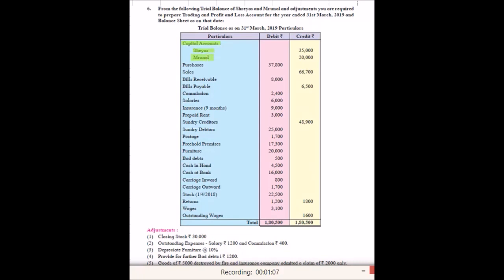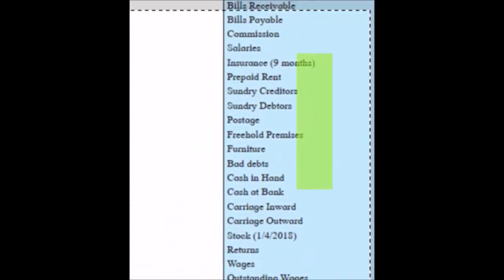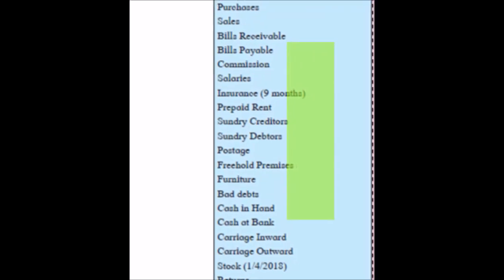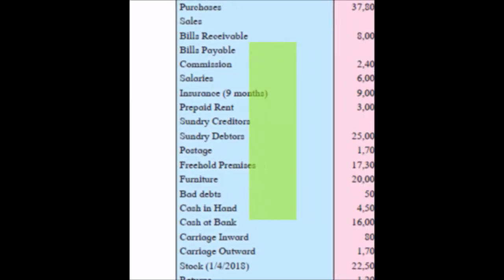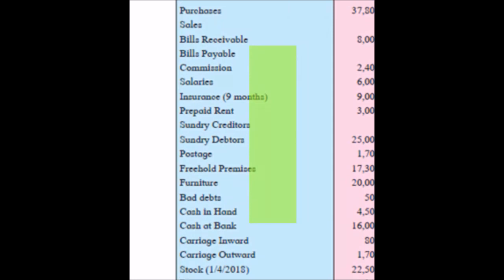So we have purchases, sales, bills receivable, bills payable, commission, salaries, insurance for 9 months, prepaid rent, sundry creditors.